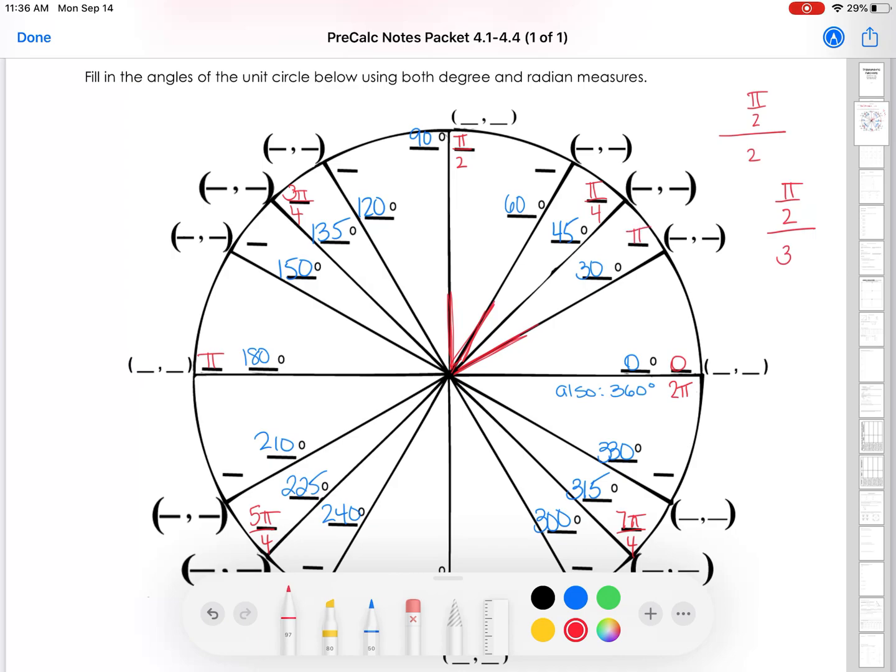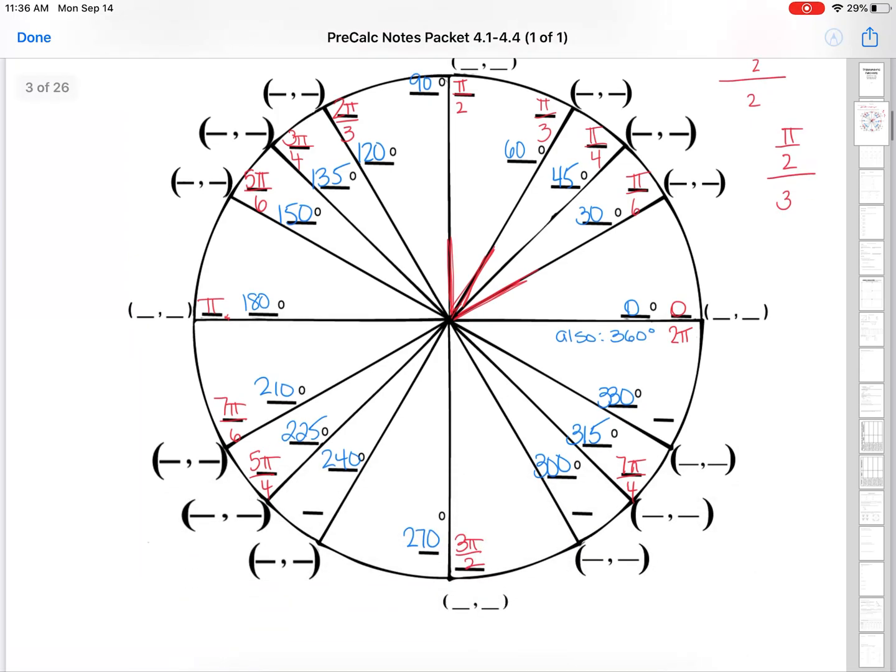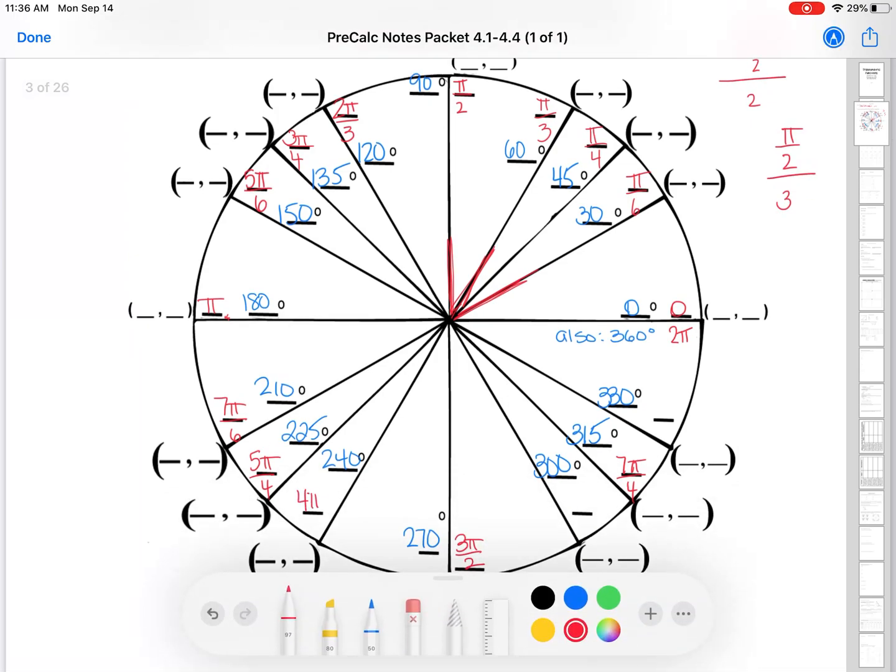That's pi over 6. 2 pi over 6, which is actually pi over 3. 3 pi over 6, which is pi over 2. 4 pi over 6, which is 2 pi over 3. 5 pi over 6. 6 pi over 6. 7 pi over 6. 8 pi over 6, which simplifies to 4 pi over 3. That was 8, so this is 9 pi over 6, which simplifies.